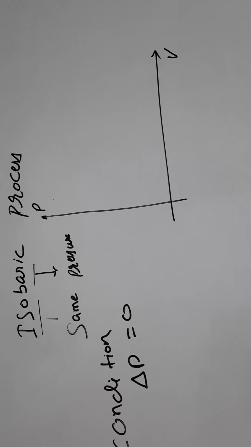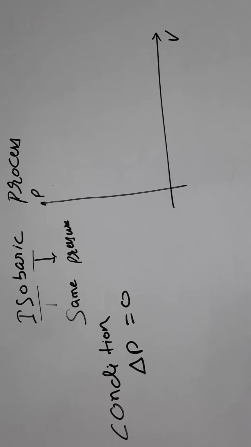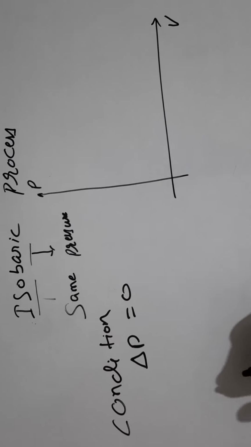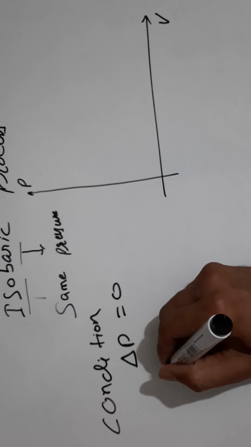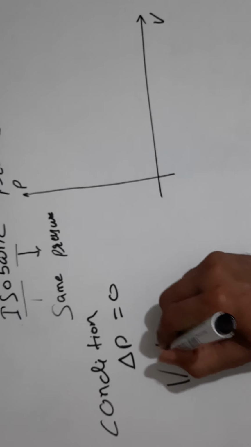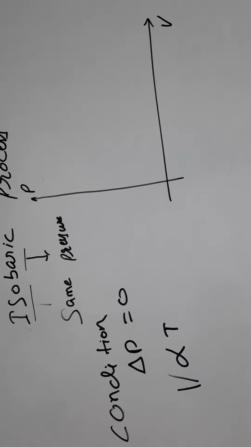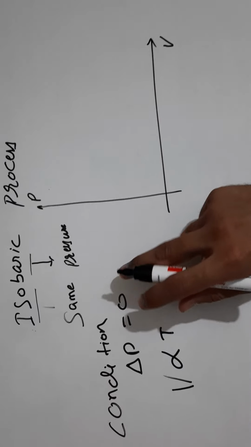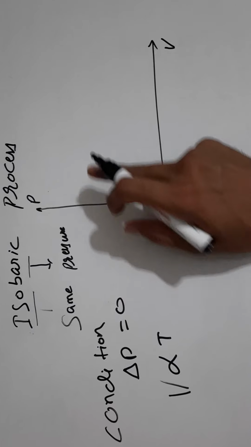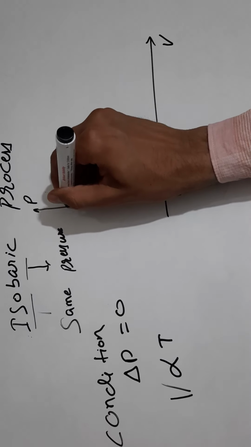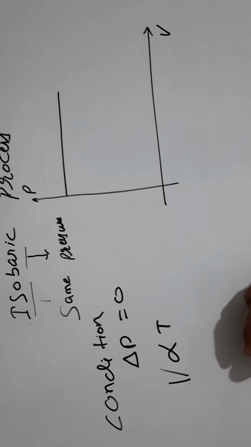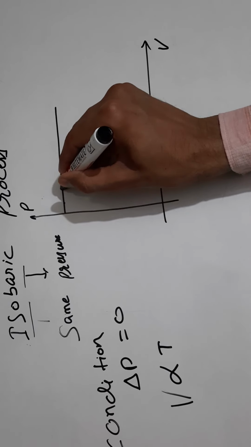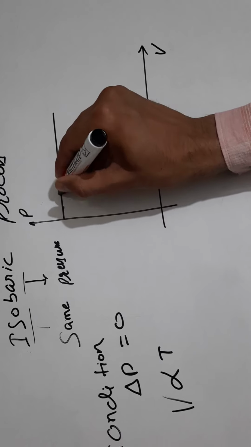If delta P is equal to 0, according to the gas equation PV equals nRT, if pressure is constant, then volume is proportional to T. This is the statement of constant delta P in the isobaric process in the PV diagram. At each and every point, the pressure is constant.